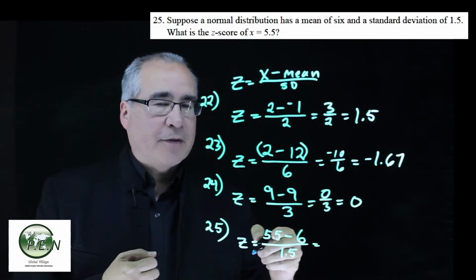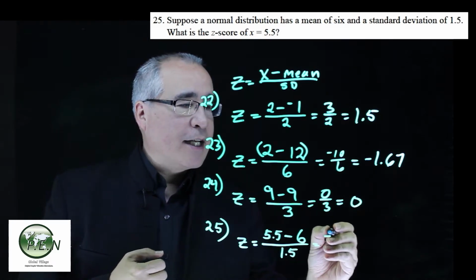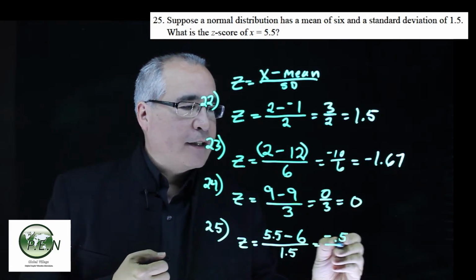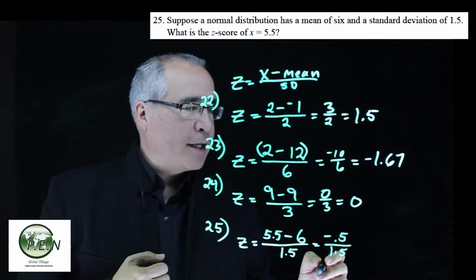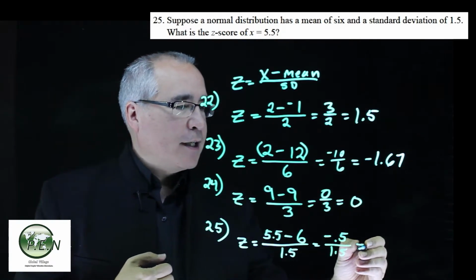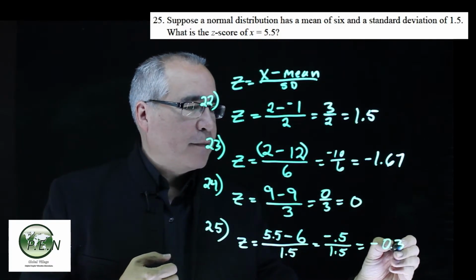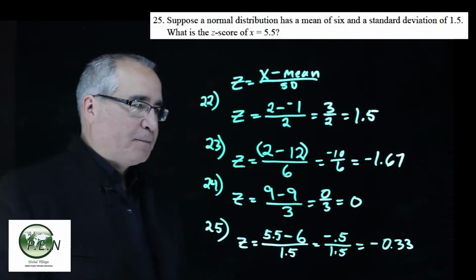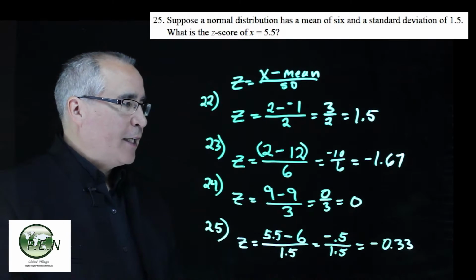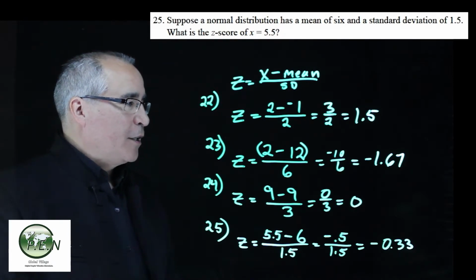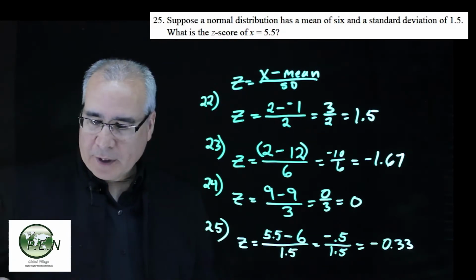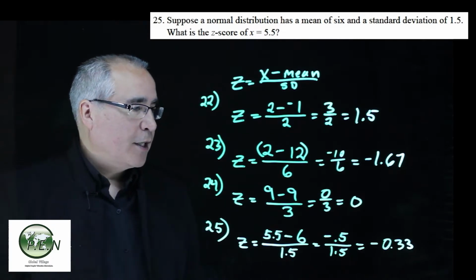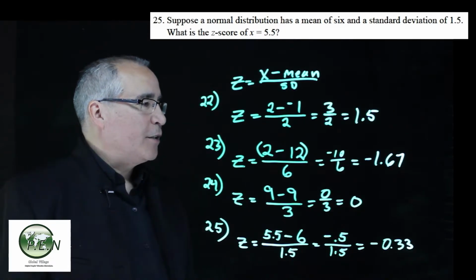We'll do the top first. 5.5 minus 6 gives us a -0.5 in the top, 1.5 in the bottom. Do the division, and we get -0.33 repeating forever, and that's our z-score. In the next series, we will start taking a look at how to use these z-scores to find percentages.